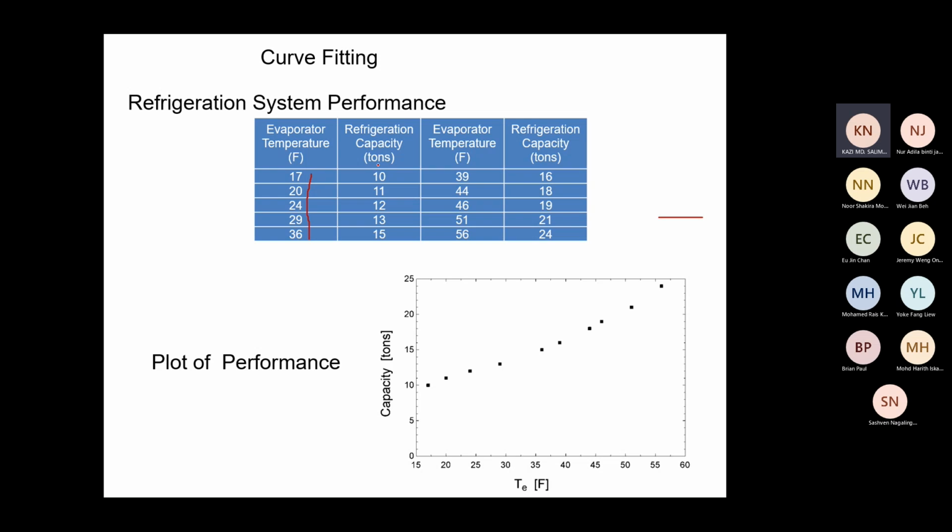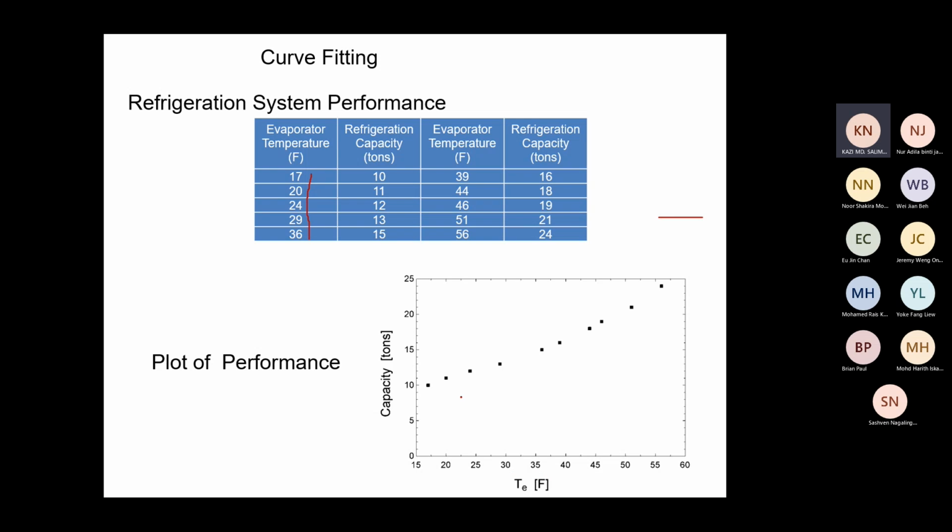then the refrigeration capacity gradually increases, because the evaporator temperature is higher, so more cooling is needed to maintain the temperature. And as the evaporator temperature goes further up, the capacity increases further. This is the simple information we can get from here, and the performance capacity depends on the temperature.